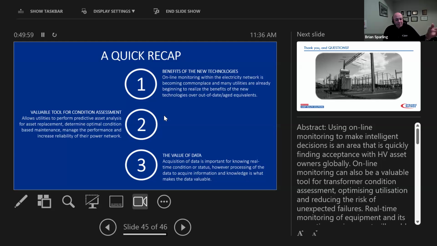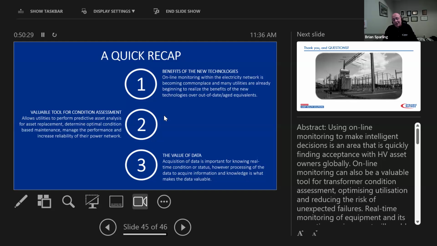It allows utilities to perform predictive asset analysis for replacement, determine the optimal operating condition-based maintenance regimes, and manage their performance with increased reliability and safety of the network. And it's the value of the data. The acquisition of this data is important for knowledge of real-time operating conditions. Processing of the data to acquire information and knowledge is what makes the data valuable.